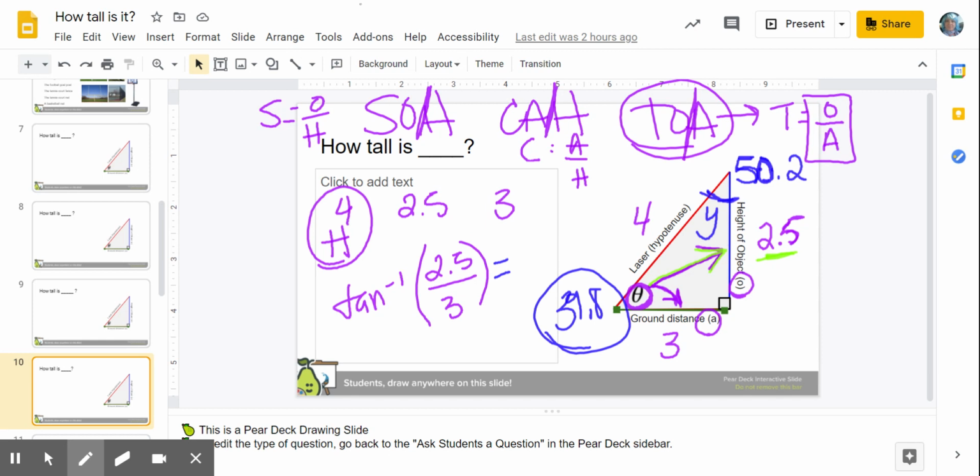You said you have a hypotenuse of 16, right? And a leg of 15. Okay. Yep. 16 squared minus 15 squared. Okay. And what do you get? 31. And then take the square root of that.